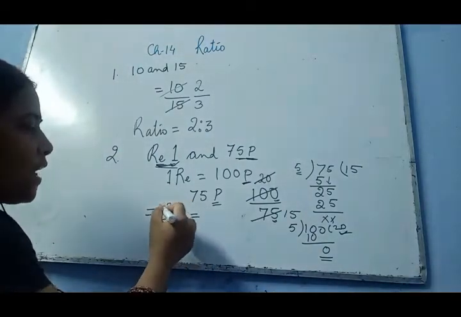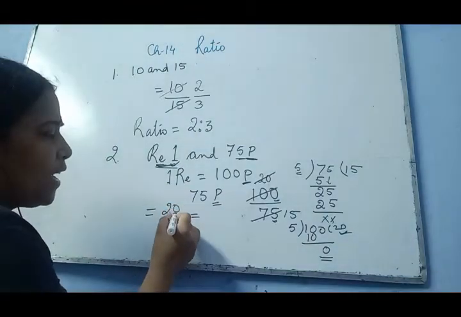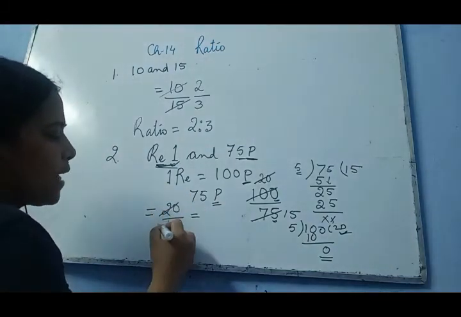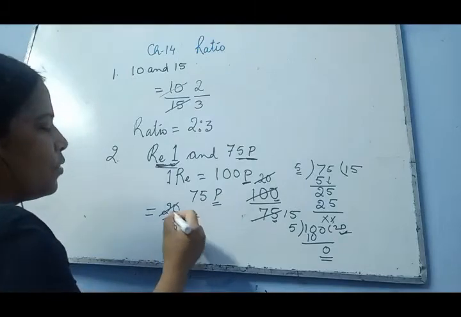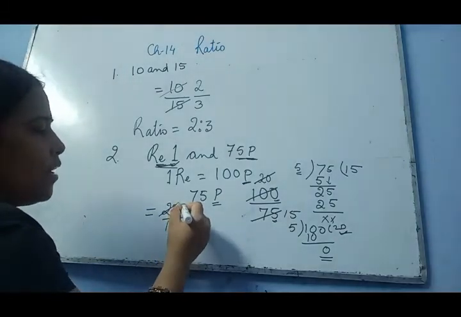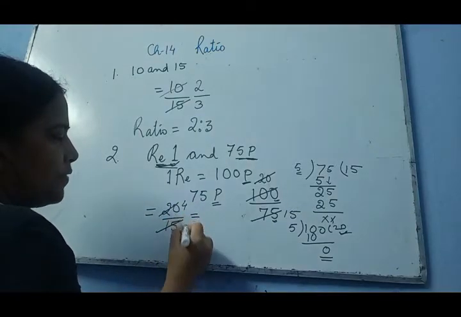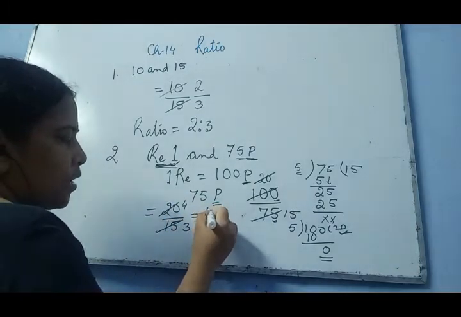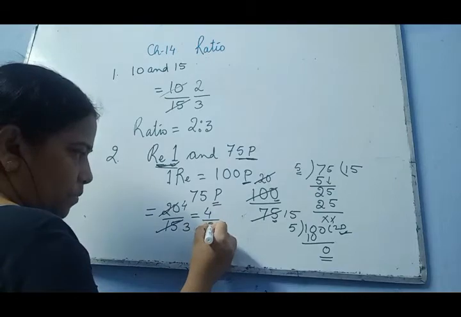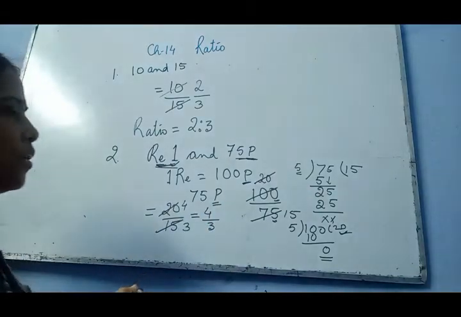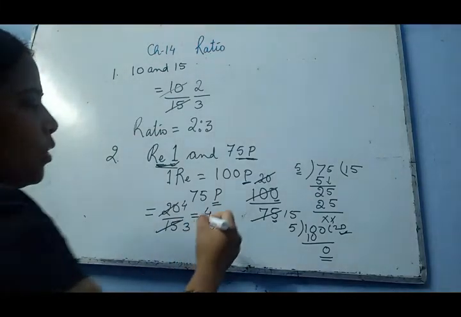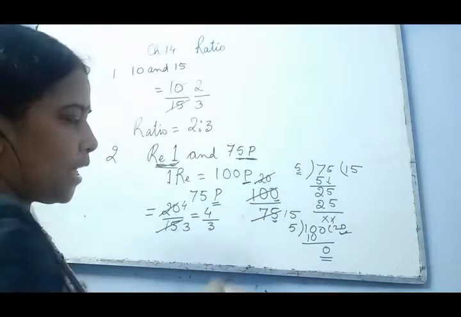So with what can we cut? Again you see that both can be cut by 5, okay. 5 4s are 20 and 5 3s are 15. So now this is 5 4. Now 4 and 3. So now this cannot be cut more, okay.